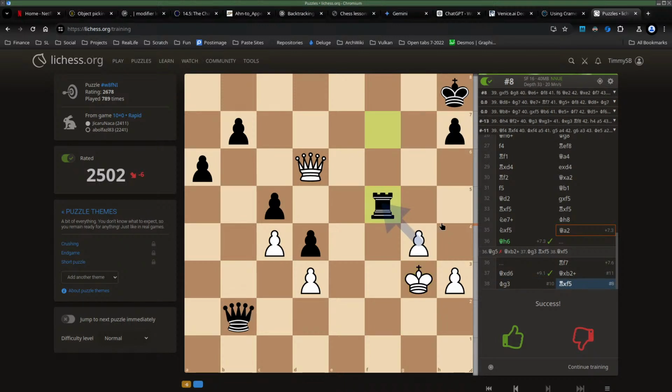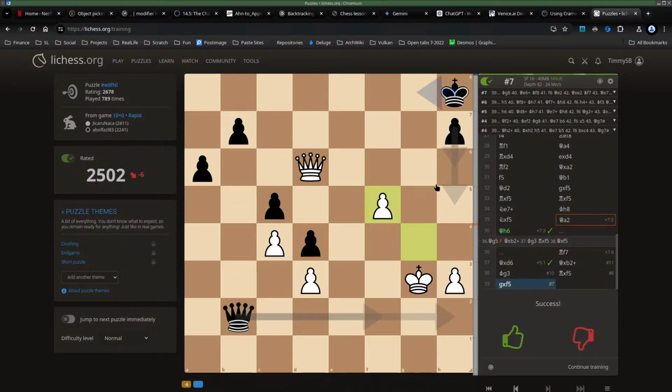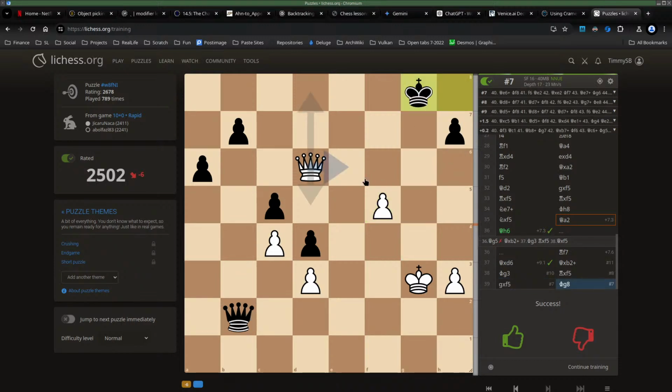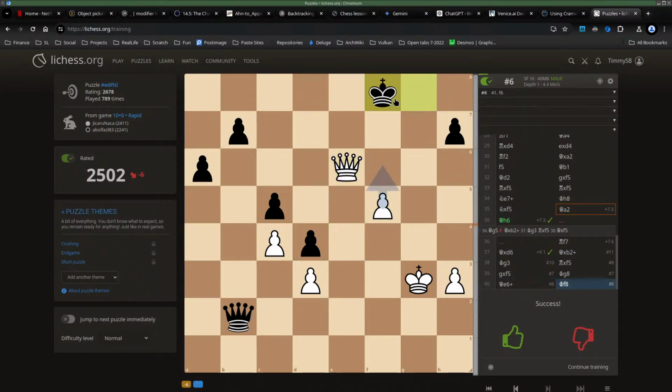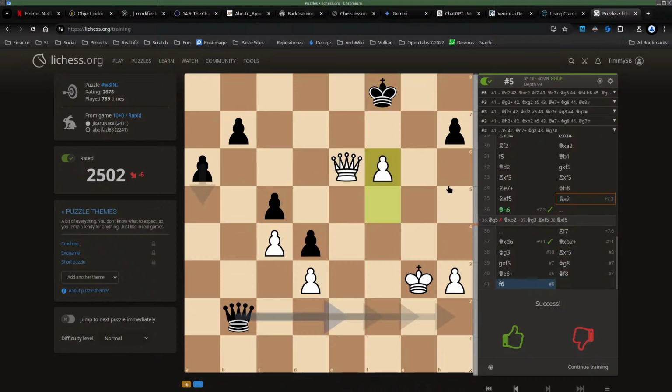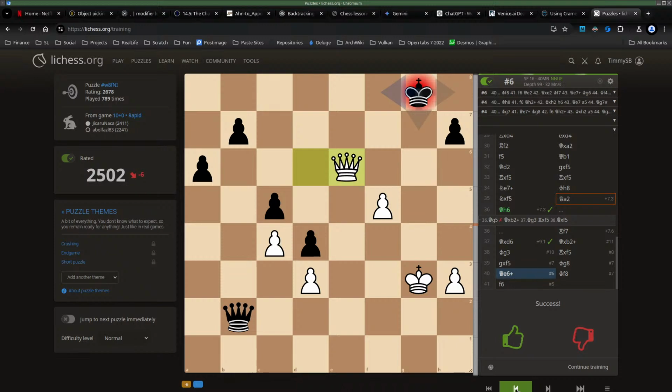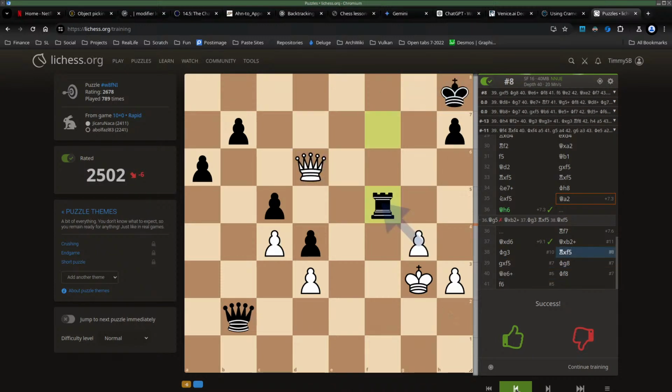And now it's mate in 8. How can I possibly see that? Okay, so pawn after rook takes knight, take with the pawn, and then we have an unstoppable mate threat.